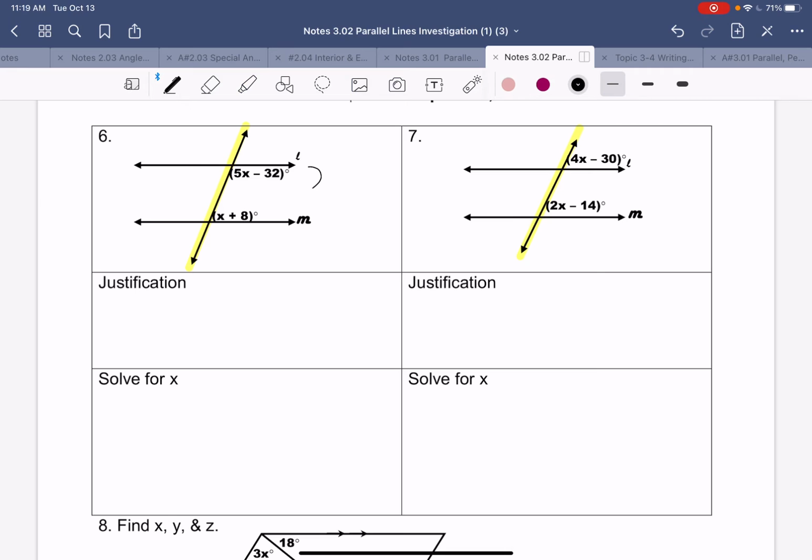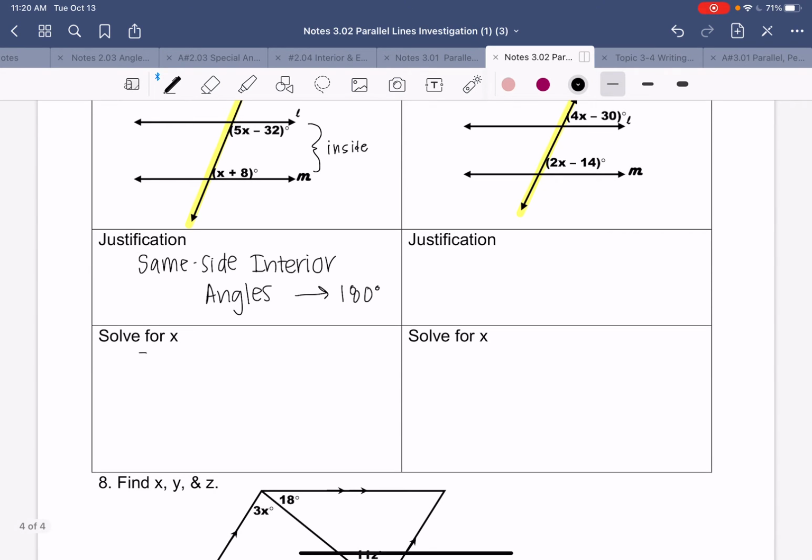So remember, it's interior, it's inside. So the justification for this is same side interior angles. If they're same side interior angles, then they add up to 180. They are supplementary to each other. That's how I'm going to solve for x.